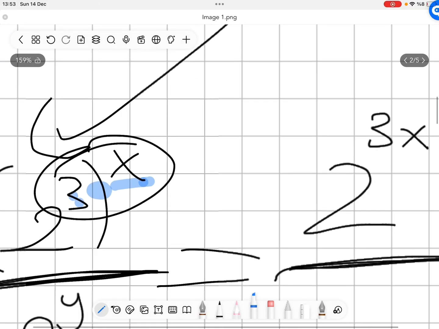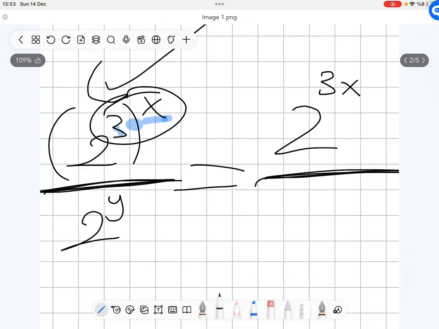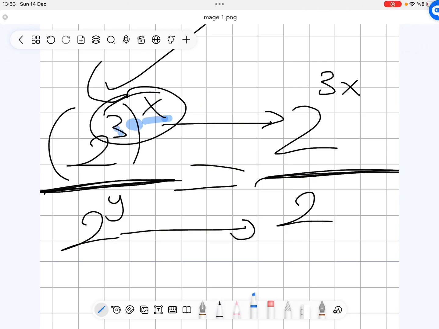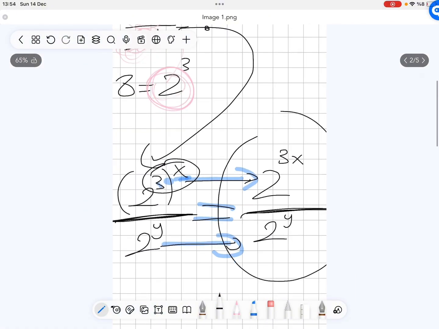We have 3x in here and it's the same. So we still have 2 to the power of y, and we get it, guys.